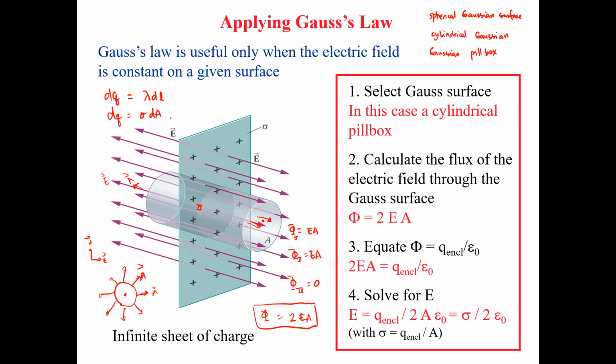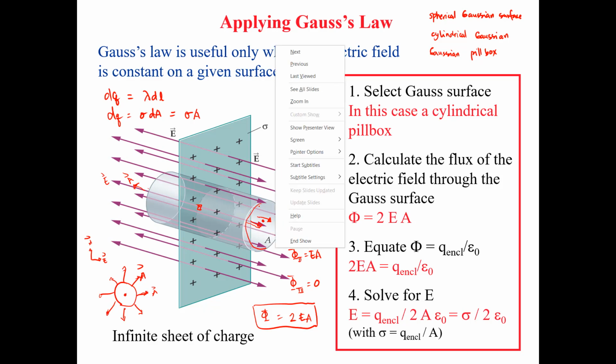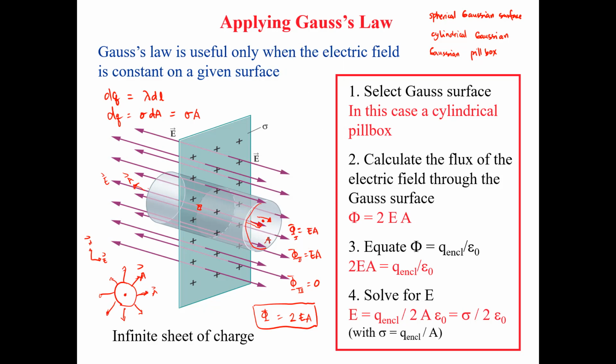Okay? Now, so the Q enclosed, ang enclosed ani nga surface is just equal to sigma times dA, where dA is just equal to A. So, the area ani is just equal to A. So, if you integrate this from 0 to A, then dA is just equal to sigma times A. Okay?